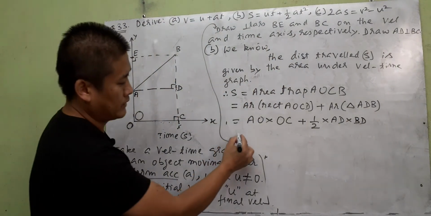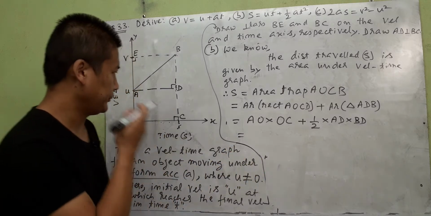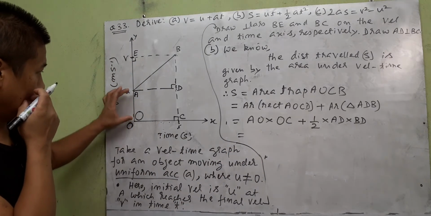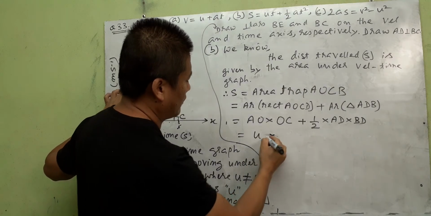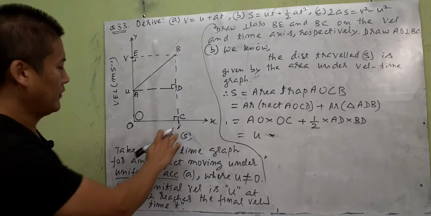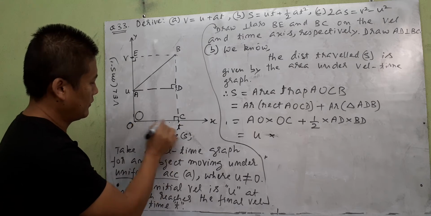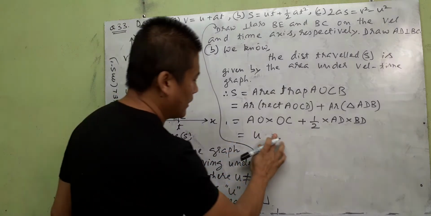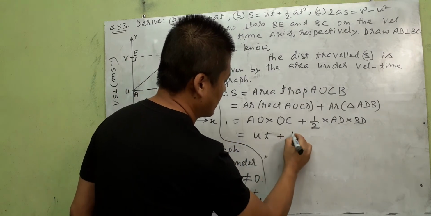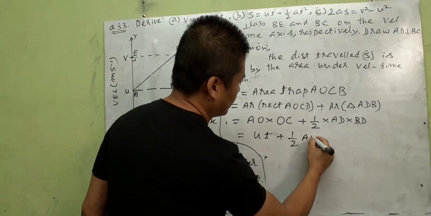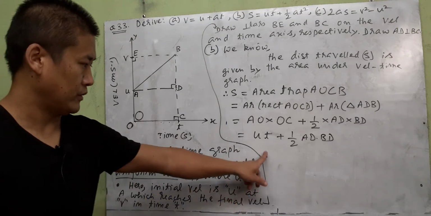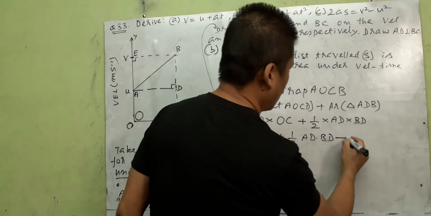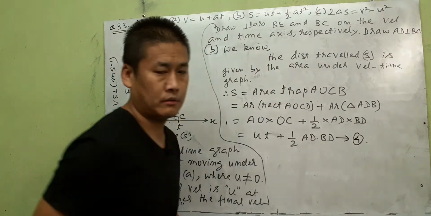So now we very easily know that AO is already given here. AO value is U, into OC also. The time value here is T. So U into T plus half into AD into BD. Let us put this one as equation number 4, following the last one, 3.